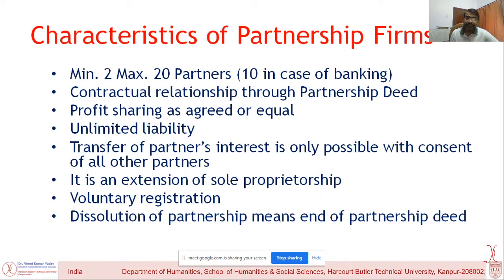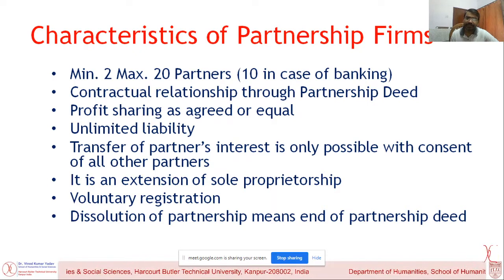This Indian Partnership Act is actually based on the British Partnership Act 1890, which was the first act. Before that, the partnership concept in legal structure started coming in around 1850 or after, through some legal provisions.